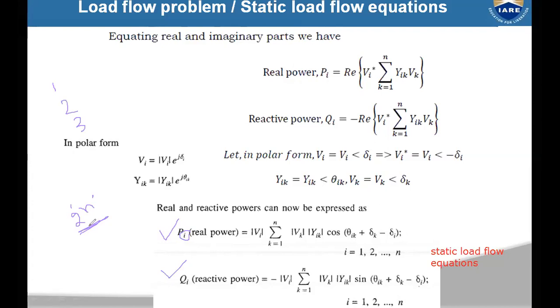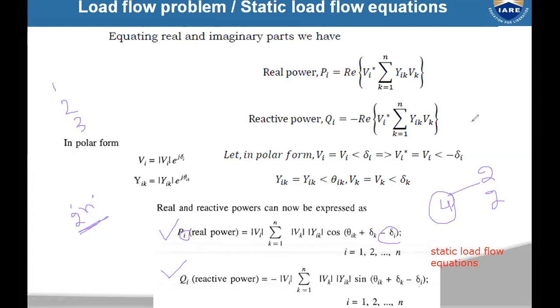Out of these 2n equations, how many variables are there? Voltage is one variable, active power and reactive power are two more variables, and the delta angle is another variable. That means there are four variables, and 2n equations. Out of these four variables, two are specified and two you have to determine.